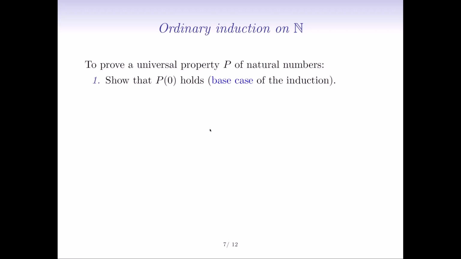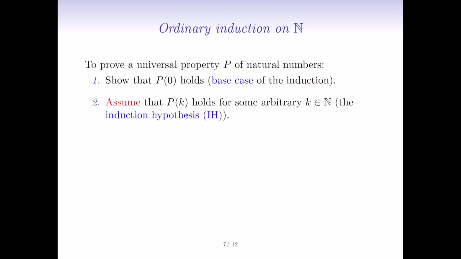First of all, we must show that P holds of the number 0. This is called the base case of the induction. Certainly, if P is not true of 0, then it's not true of all natural numbers, so at least we have to show that it is true for the smallest number. The next step is to assume that P holds for some arbitrary natural number K. This assumption is called the induction hypothesis, or IH for short.